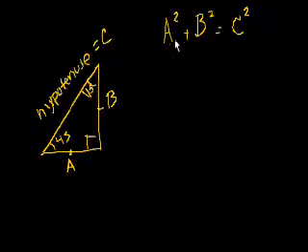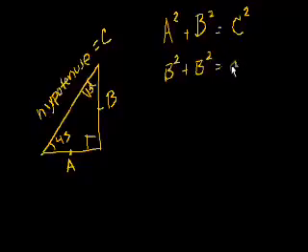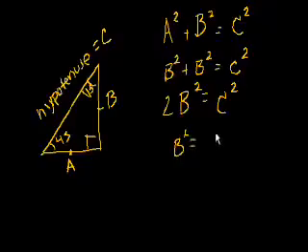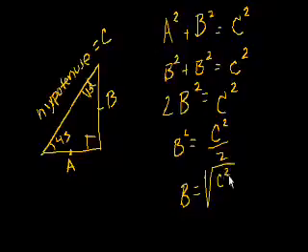So we could substitute A for B or B for A, but let's just substitute B for A. So we could say B squared plus B squared is equal to C squared, or 2B squared is equal to C squared, or B squared is equal to C squared over 2, or B is equal to the square root of C squared over 2, which is equal to C over the square root of 2, because we just take the square root of the numerator and the square root of the denominator.